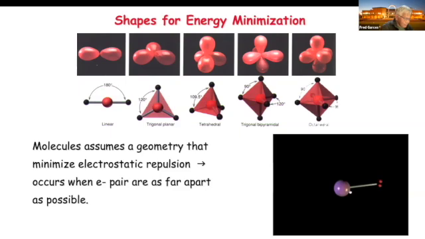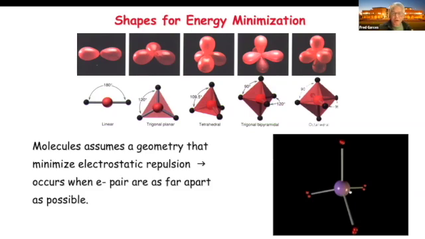The electron domains stay as far apart from one another as possible, while at the same time they are held by their attraction for the central atom. When there are two electron domains about a central atom, they are located 180 degrees apart to minimize repulsions. Three electron domains about the central atom take up positions in a plane, separated by 120 degrees. Four electron domains form a tetrahedral arrangement about the central atom.